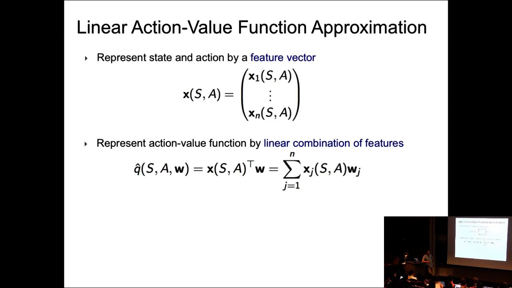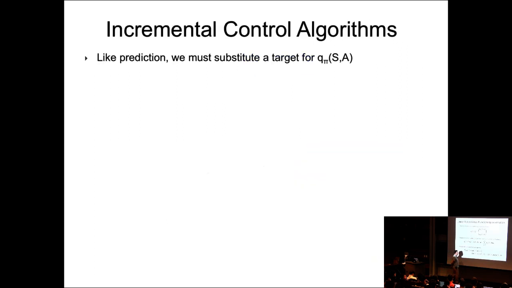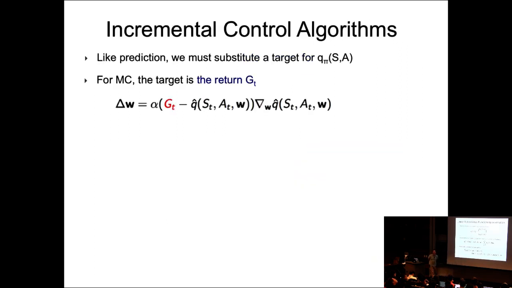And you can also represent the action value function by a linear combination of features, exactly the same way, so it's just a copy. And you can use stochastic gradient descent to find the solution.